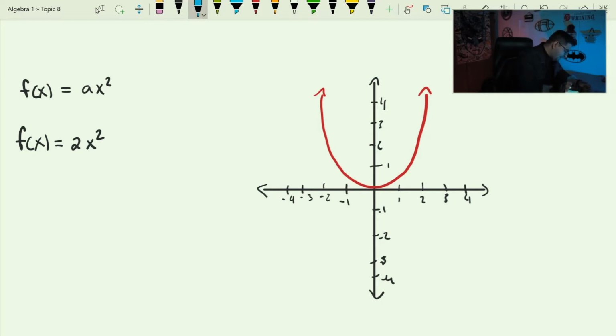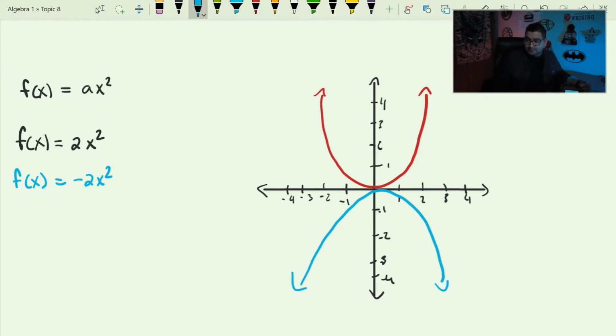If I were to have a negative number in front of my x squared, so let's say negative 2x squared, I would have a parabola that opens downwards, as you see here in blue. Okay, so that's one of the first things that this constant or variable a changes about our parabolas, whether or not it opens upwards or downwards. So remember, positive will mean it's going upwards, negative will mean it's going downwards.